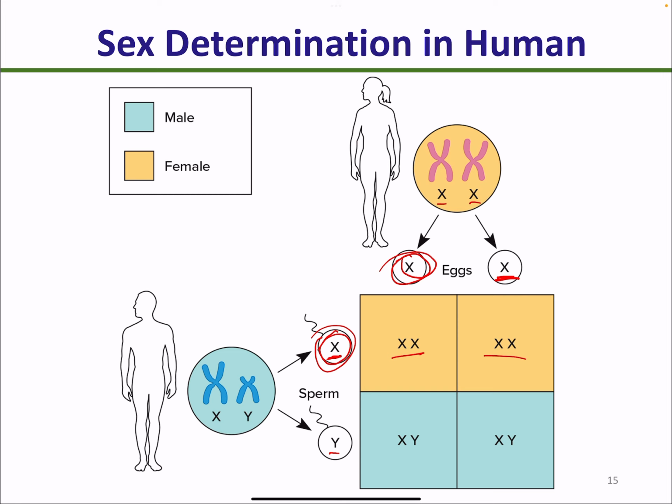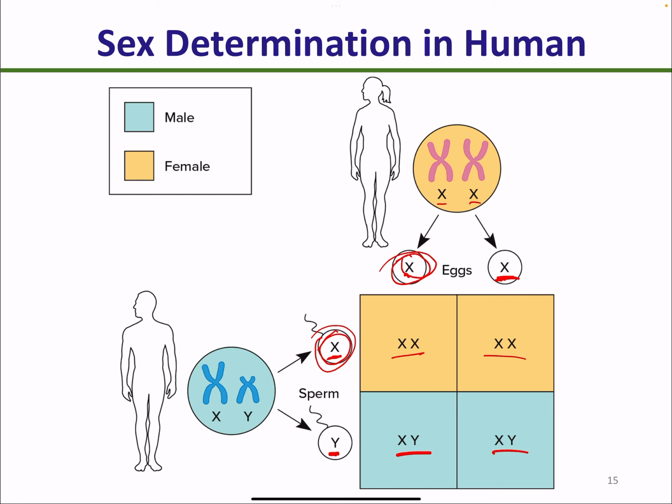While for dad, this gamete Y, if it fertilizes the X from mom, we have a male, and the Y fertilizes the other X from mom, we have a male.